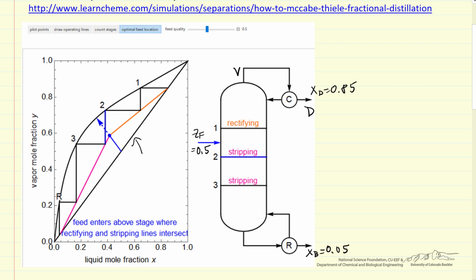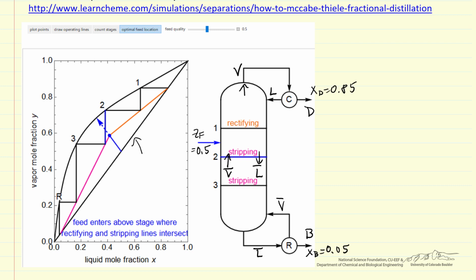The vapor flow rate coming up, and the liquid that's returned to the column, that's for the upper part, the rectifying part. For the lower part, the vapor is denoted with a line over it, and the liquid flow rate is like that. So this is the vapor flow rate in the bottom part of the column, the stripping section, and B is the flow rate of liquid that we're collecting out of the bottom.